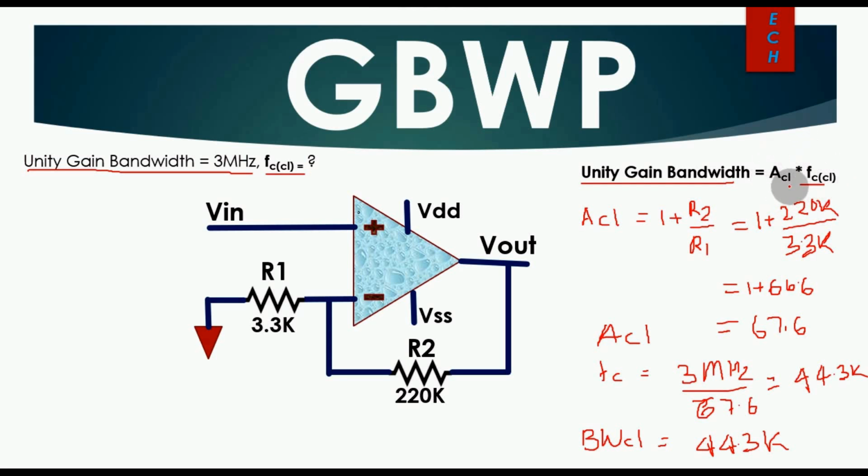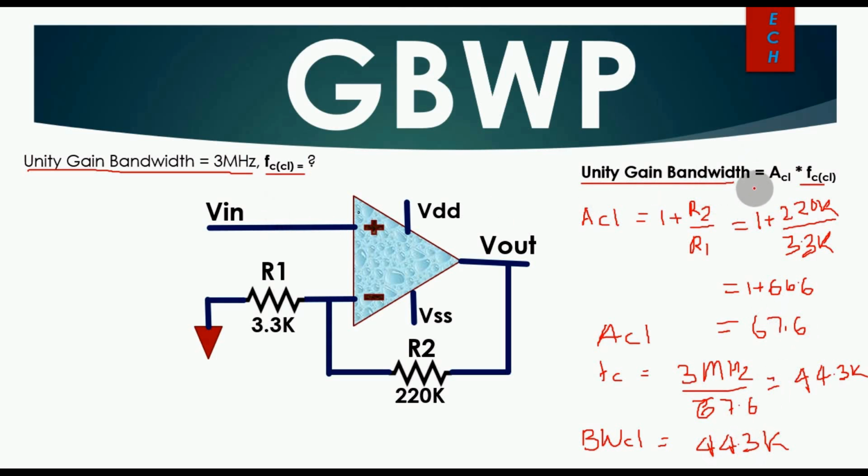At the end you have to maintain the gain bandwidth product, which is equal to 3 megahertz. If you multiply 67.6 by 44.3k, you get 3 megahertz.